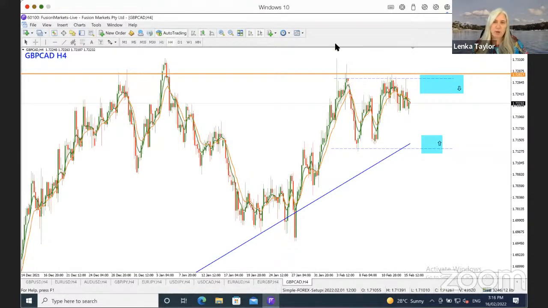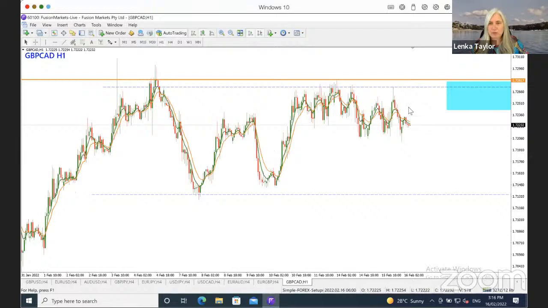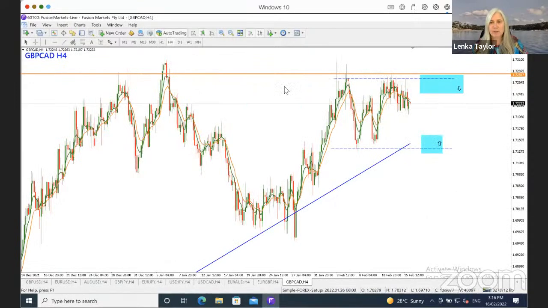Okay, Jenny, for H1, yes, you could also move to H1. So what you would do is make sure that you're happy with the setup on the daily and the 4 hourly. And then you would look at the H1 for a more accurate time frame. With any time frame, the higher time frame will sometimes still be forming, while the lower time frame might already confirm a certain move or direction.